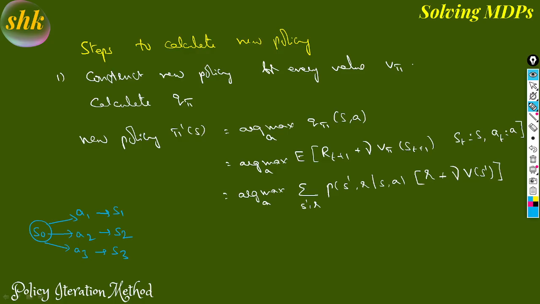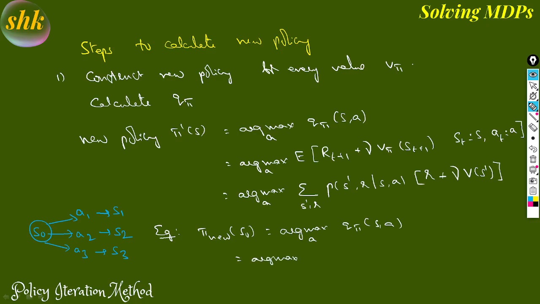Now, in this example, the new policy from a particular state, which is S dash, is given as the arg max over all the actions. What are the actions we have here? It is A1, A2, A3, of Q pi of S comma A, which is equivalent to arg max of.